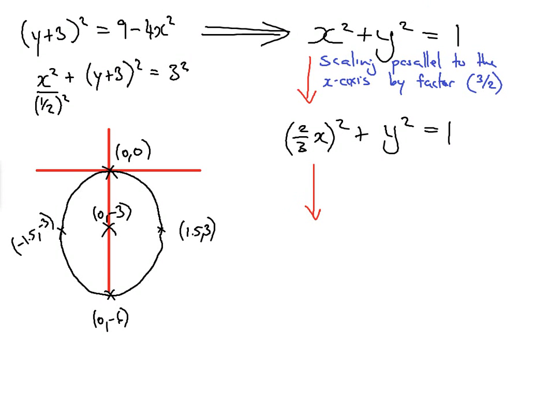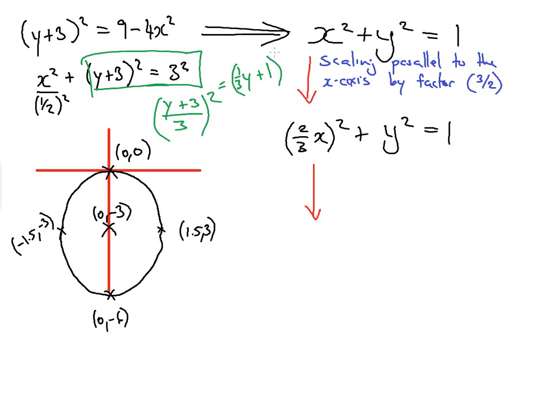Well, y is a little bit of a tricky case here. So if we look over here, we'd have to divide through by 3 as well, right? Just at this part. So we'd get y plus 3 all over 3 squared. If we simplify just this part, there is an x term as well, but we're not looking at that. So this is actually equal to 1/3 y plus 1 squared.